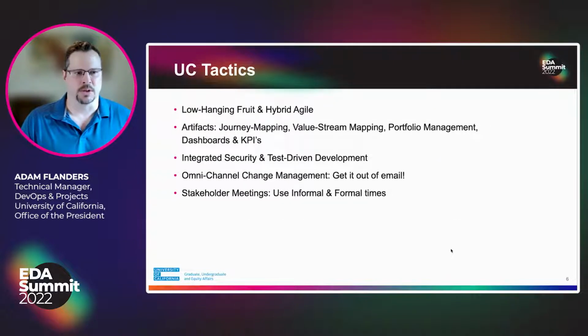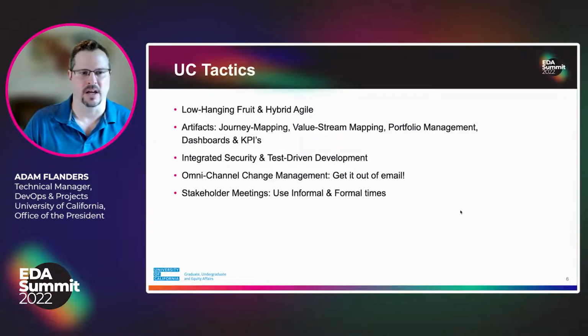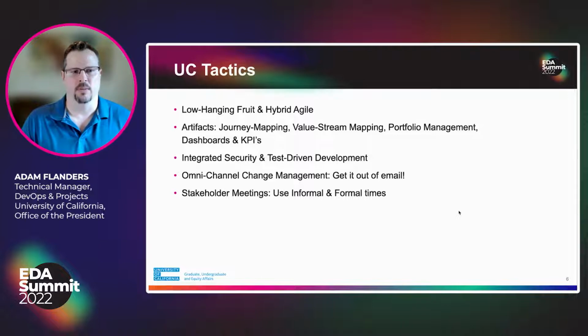From a tactical perspective, we also employed the following things, including going after the low-hanging fruit, utilizing more of a hybrid agile framework instead of the main agile framework, which tended to work best within our environment. We had artifacts that typically were journey mapping and value stream mapping and portfolio management, along with dashboards and key performance indicators.